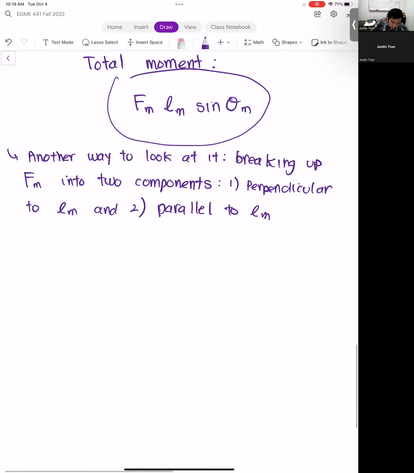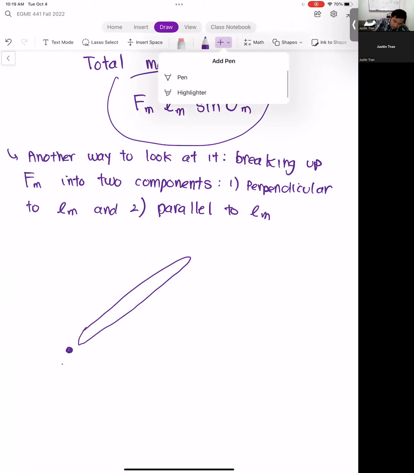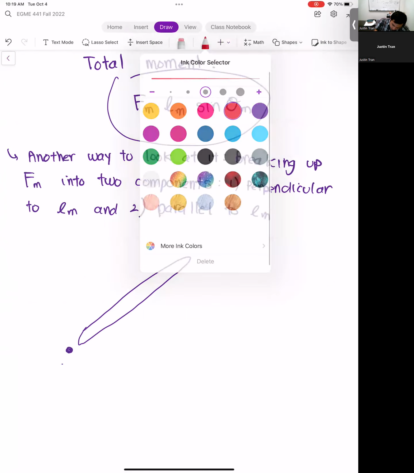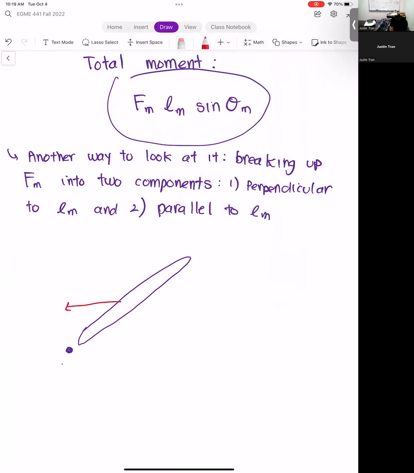Let me create a zoomed in picture of this. This is the joint right here. This is the segment. So this here is Fm, the direction that we have drawn it in the figure.